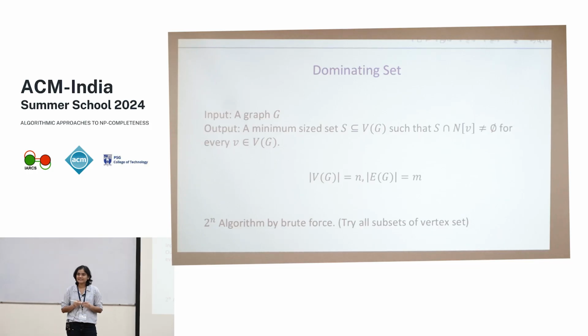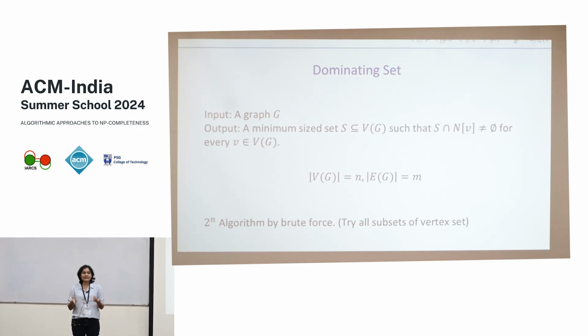Set cover, right? Dominating set is very similar to covering something. So we reduced dominating set to the set cover problem. And the goal of today's talk is to exploit this reduction to get a better algorithm for the dominating set problem.